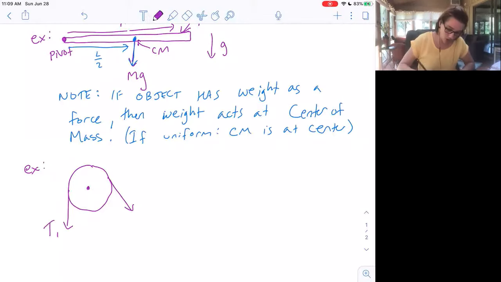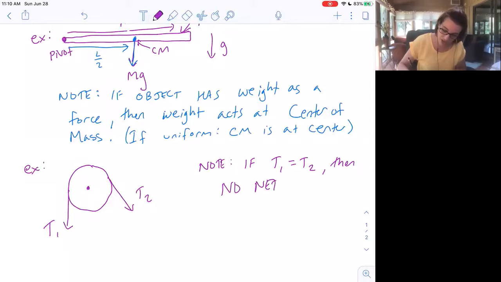So let me call this T1 and T2. Note, if T1 equals T2, then there's going to be no net torque, so the pulley can't spin.